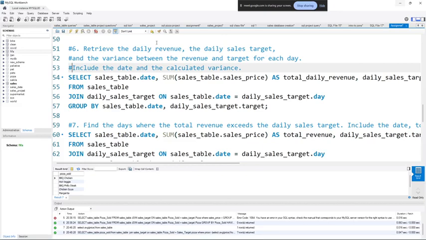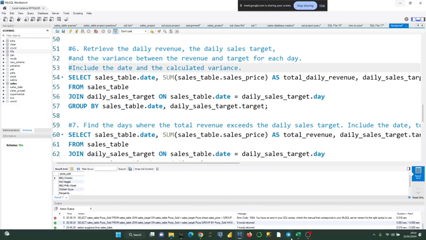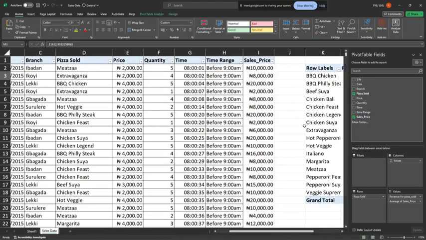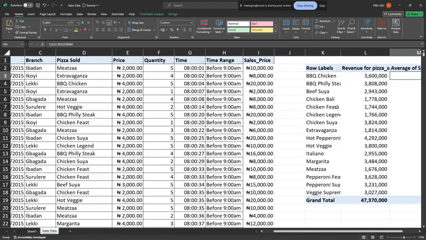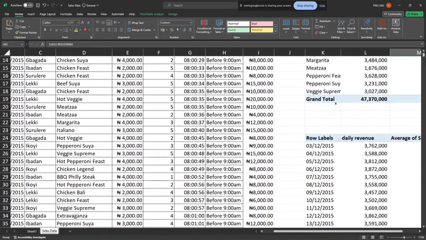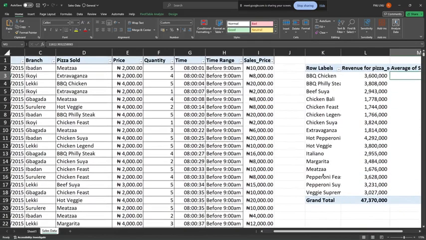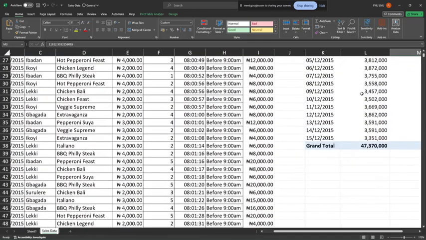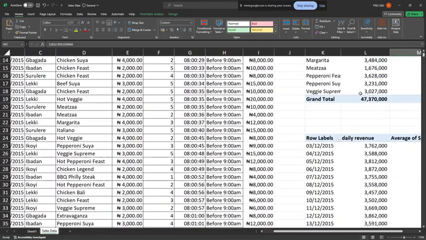Since they said retrieve the daily revenue, which of these two tables are we using? Is it revenue for pizza, or the daily revenue? It's going to be the second one. But this one is grouped on what? Those days. So I can see that on the third, this is what I made. On the fourth, this is what I made.